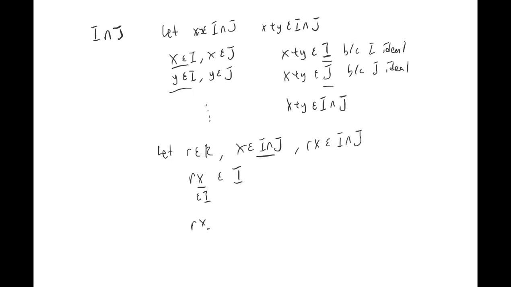But also, since it's in the intersection, this is in J as well, because J is an ideal. It also has the magnet property. So that means rx is in both I and J, so rx is in I intersect J. So you can check that this is an ideal.